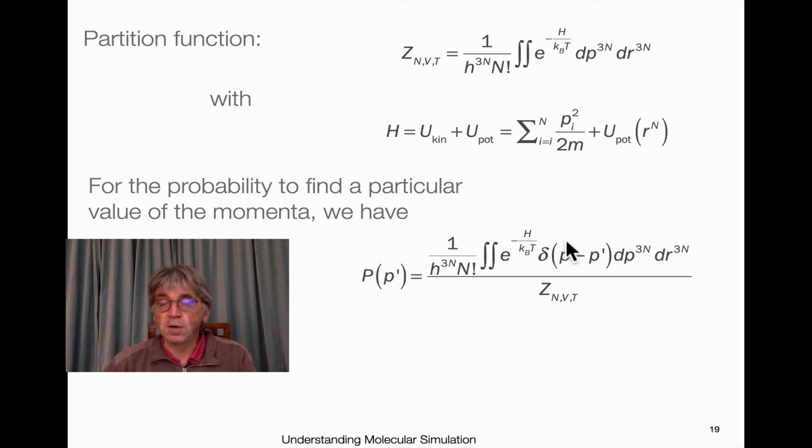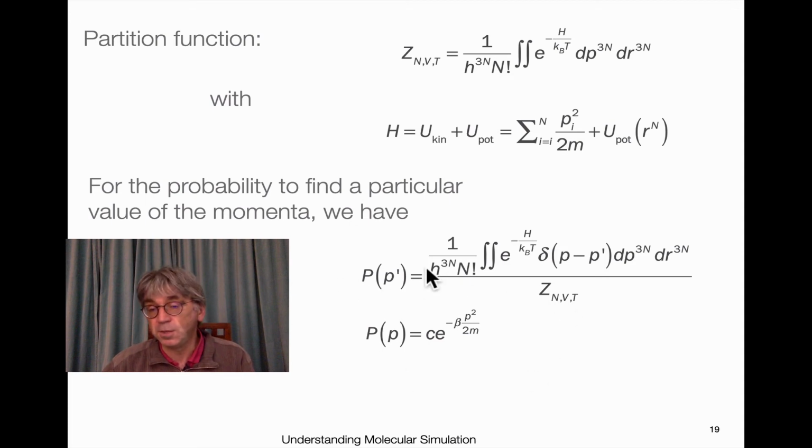So we integrate over all possible configurations, and we just want to know the probability of finding this particular configuration over its normalization constant. So this is the way we would calculate the ensemble average. So let's calculate this. And if you substitute that, you get the famous Maxwell distribution.